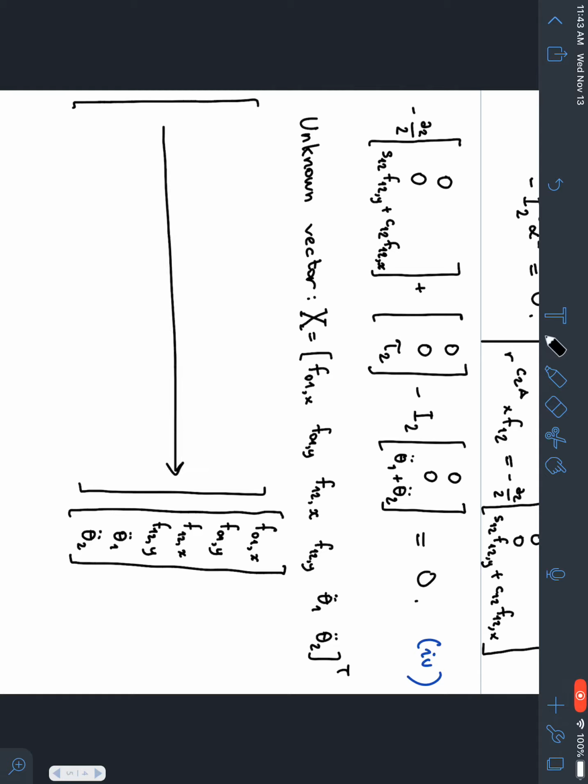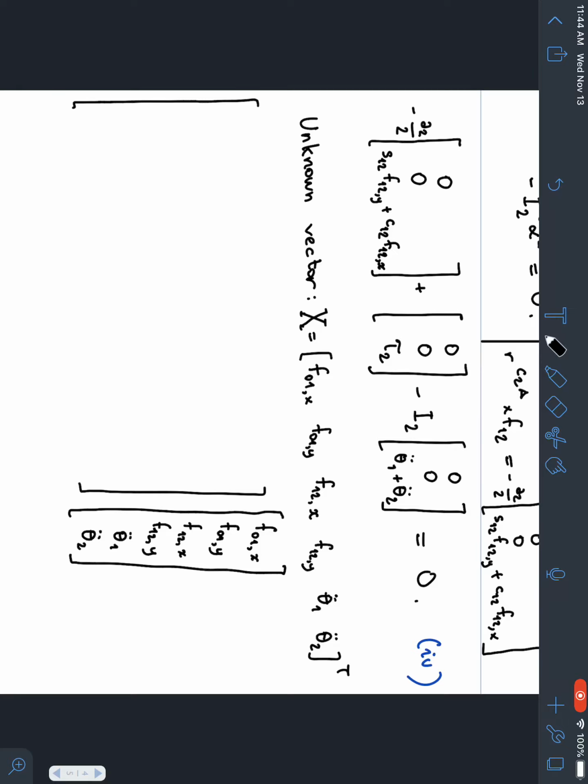The fourth row will correspond to the first equation in III. The fifth row is going to correspond to the second equation in III, and the last row is going to correspond to the only non-trivial equation in IV.